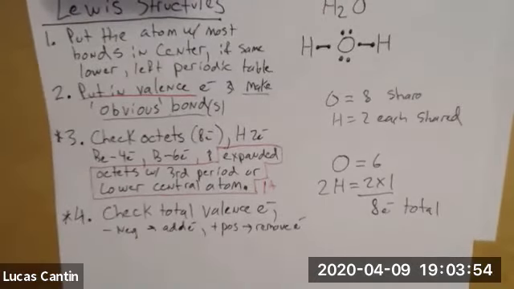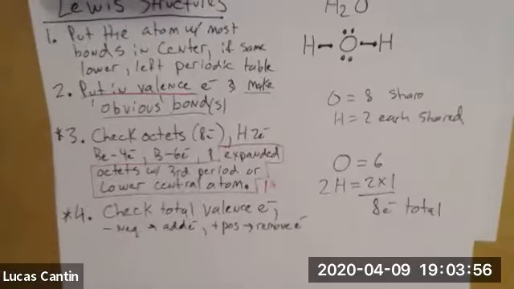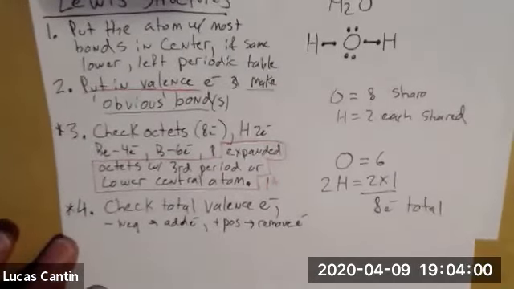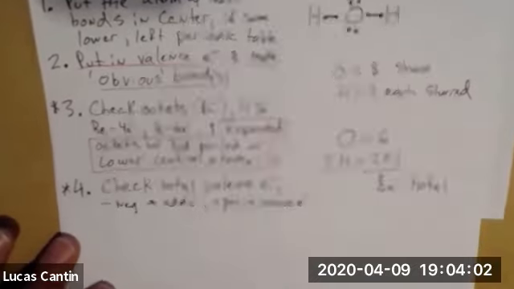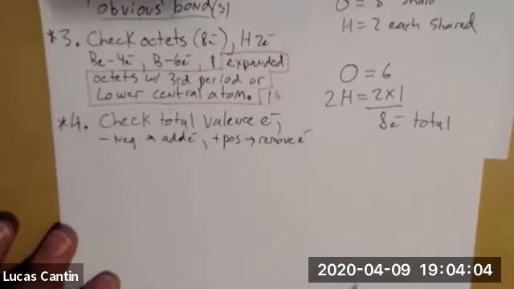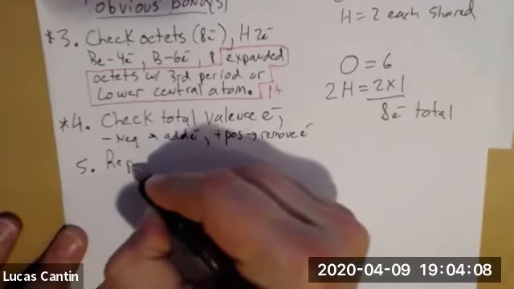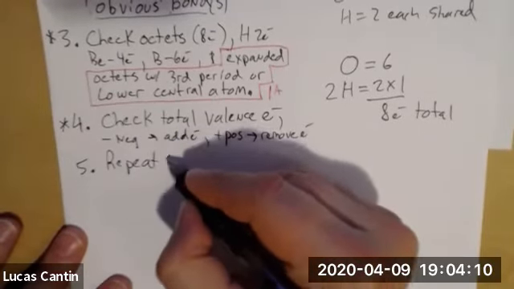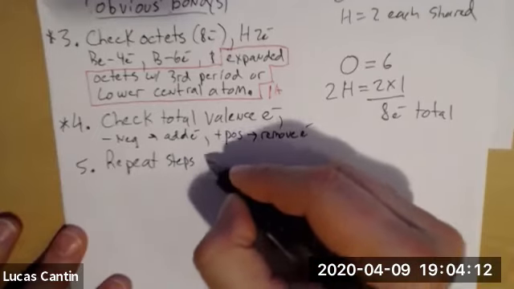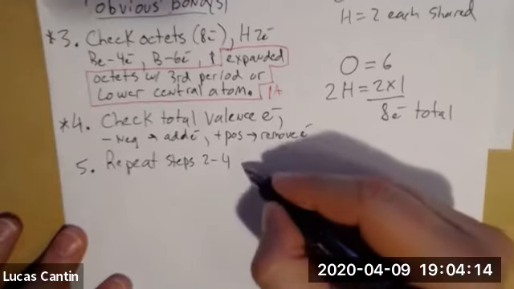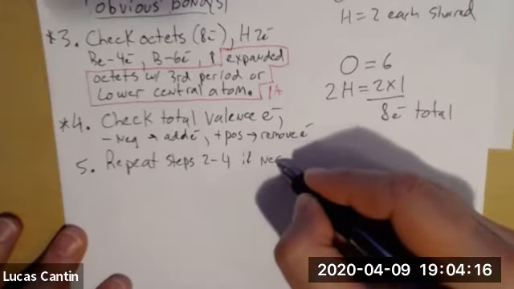I'm going to do some other ones, but I want to mention the other rules. These other rules aren't really going to apply to water. So the next rule is you repeat steps 2 to 4 if necessary.